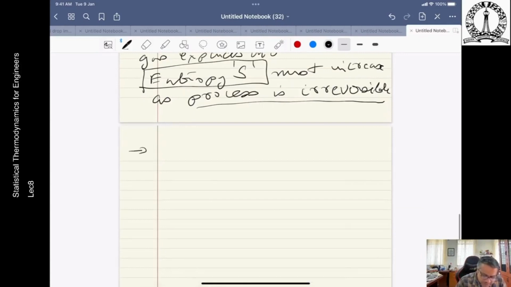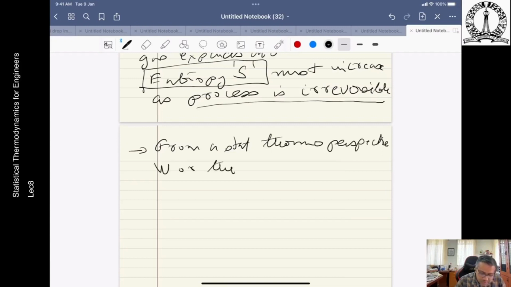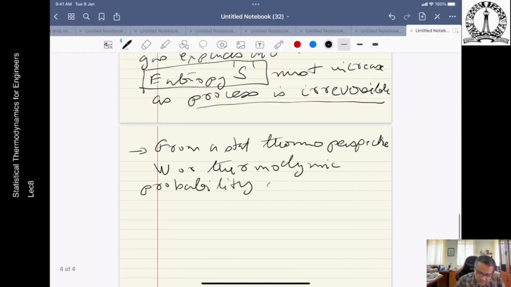Now from a thermo perspective, W, or the thermodynamic probability, must also increase due to process irreversibility. Correct?